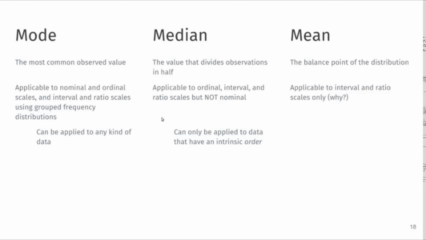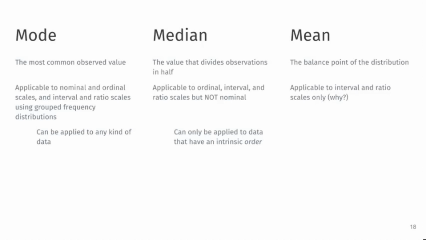The median is a bit more restrictive because it can only be applied to data that have an intrinsic order. That would be, for one thing, ordinal data. If you have ranks or preference scales and things like that, then the median will work for you.